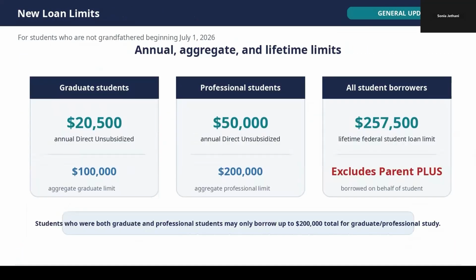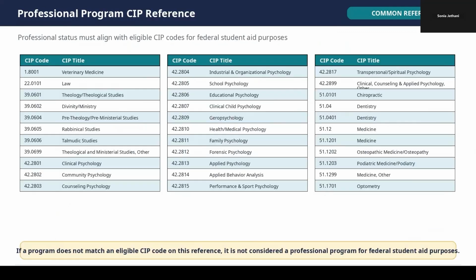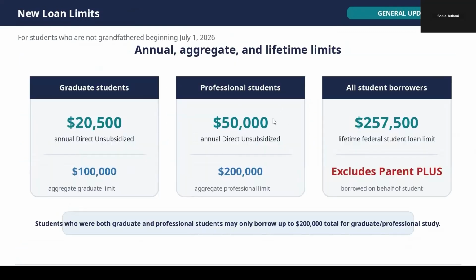For instance, if my program is a professional program, according to my program's CIP code, the amount that I can borrow every year total is $50,000. If I was in a graduate program, the amount that I could borrow every year is $20,500.